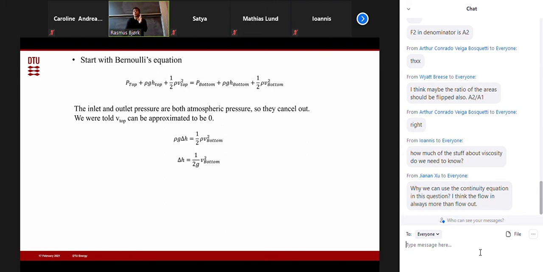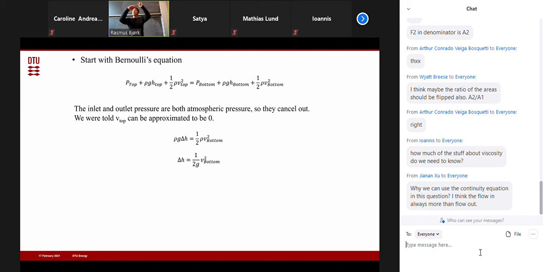So this is just Bernoulli's equation. This isn't the continuity equation. From Bernoulli's equation, we can see as we increase the height, the velocity of the liquid coming out of our bottom is going to increase. So our outlet is always going to go faster and faster as we increase our height, and we're bringing our liquid in at the same rate.